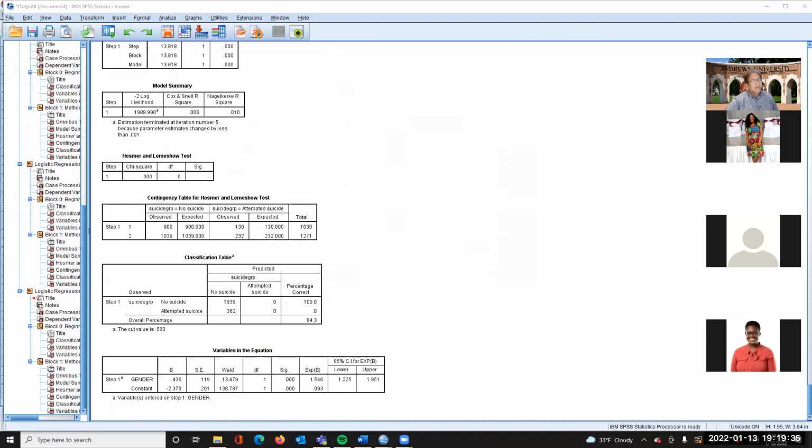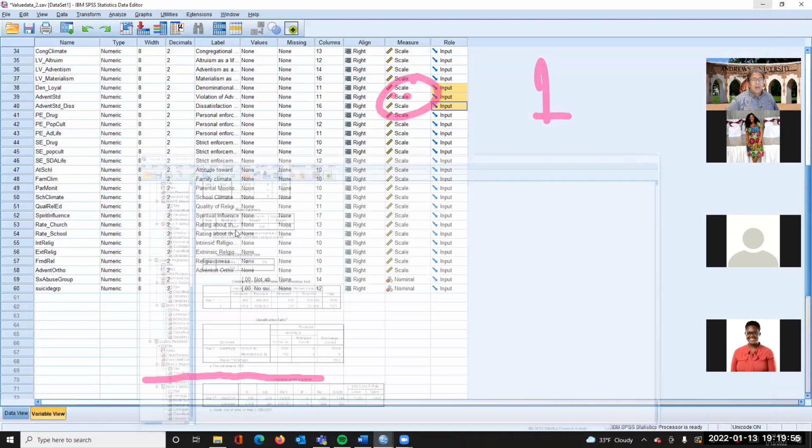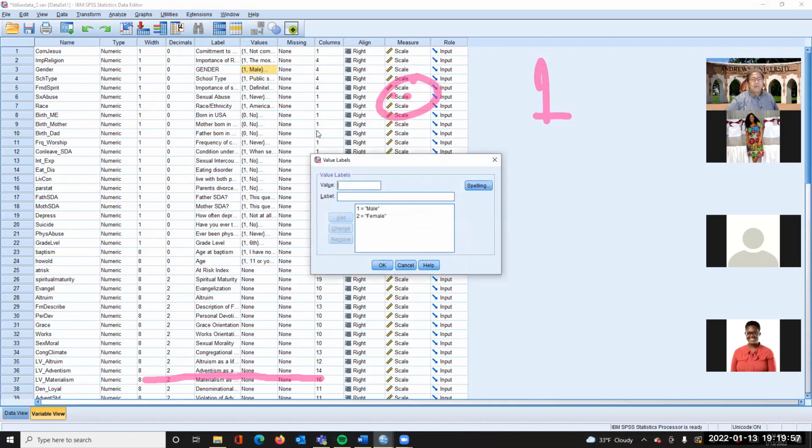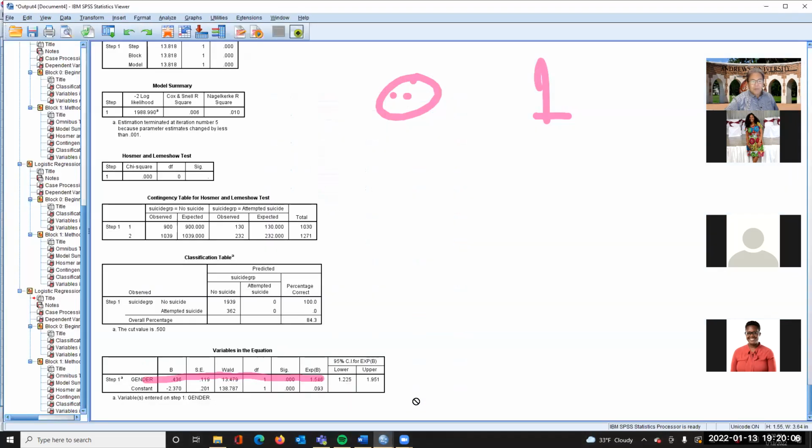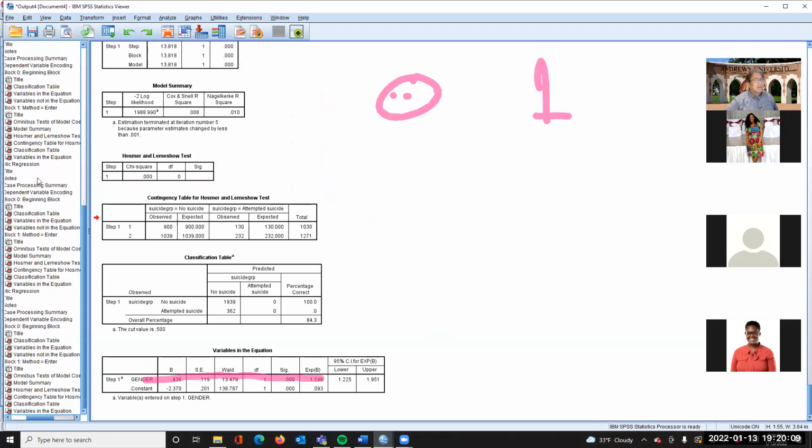Suicide attempt is 0 and 1, and then gender, let's look at how gender is coded. 1 and 2, this is female and this is male.